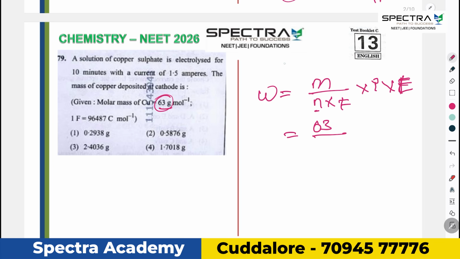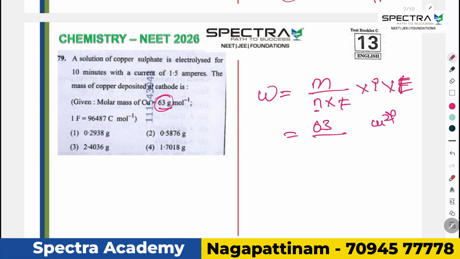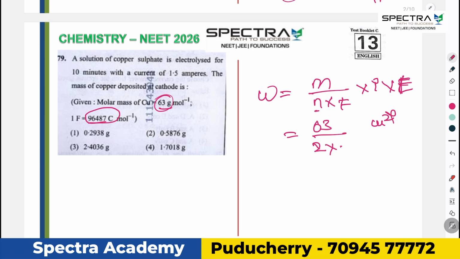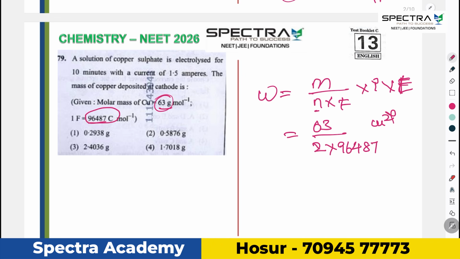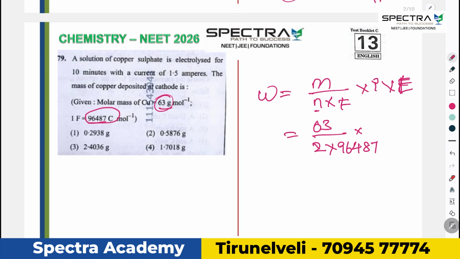In copper sulfate, copper is present in the +2 state, Cu2+. So here 2 into Faraday, and the Faraday value they have given is 96487. The I value is also given, which is 1.5 amperes, into time 10 minutes.